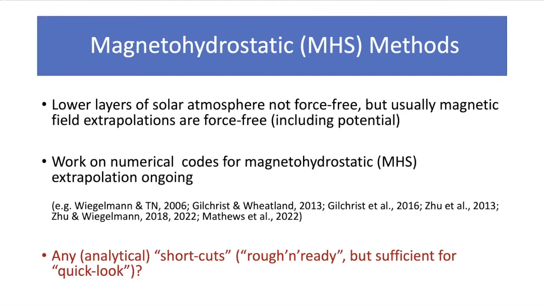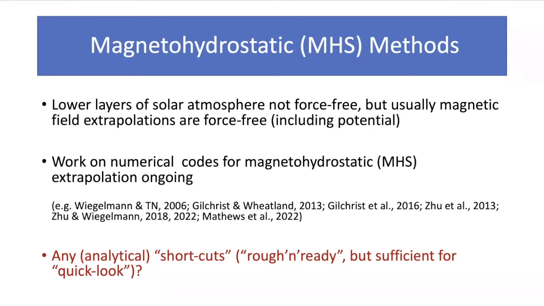Would there be any problem with that, that we actually use a force-free approximation in regions where, even though small, the force-free approximation is actually not really that valid? This has become more of a problem since the magnetograms that we use to extrapolate and as input data have become much higher in resolution.